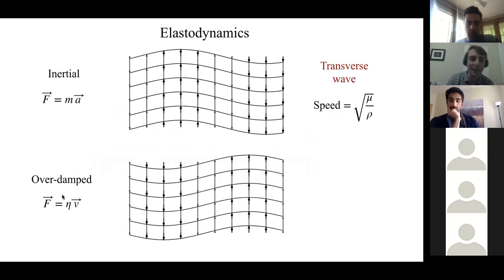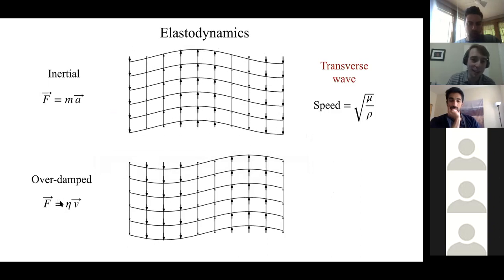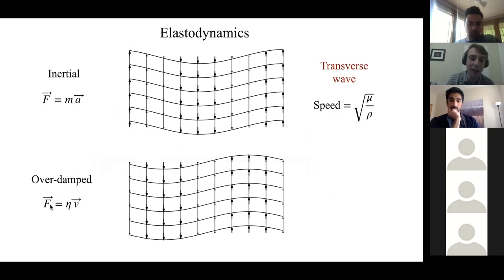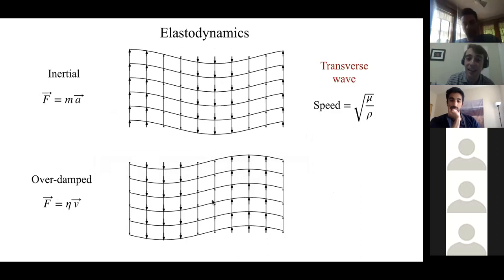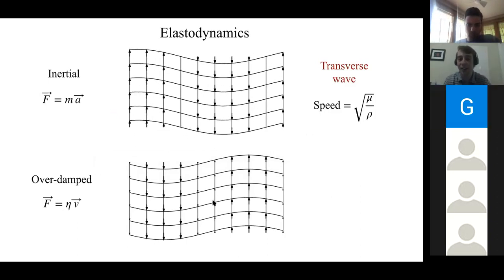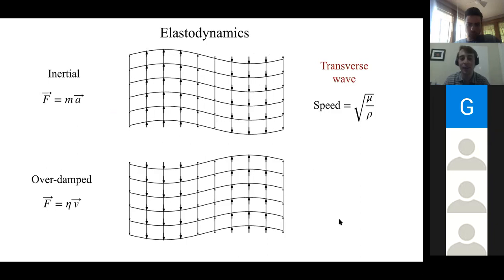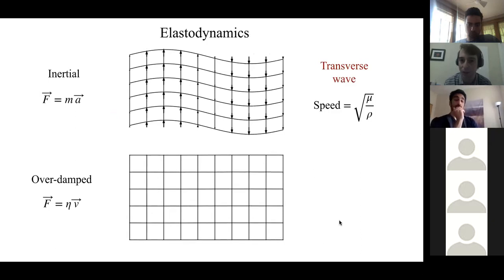One way to get rid of this is to consider an overdamped equation of motion. So imagine this thing is on a substrate and there's a lot of drag so that the force is actually proportional to the velocity. In this case, the elastic energy does not get converted into kinetic energy. It just peters out and no waves propagate in an overdamped regime.